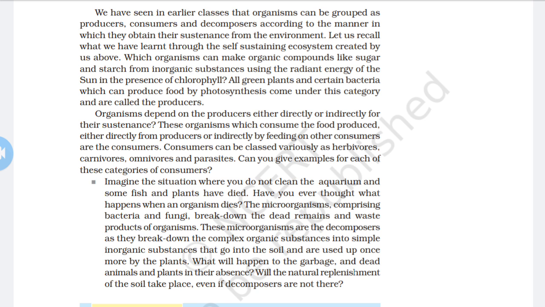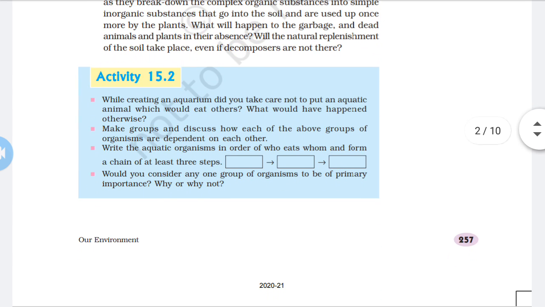And then decomposers: microorganisms like bacteria and fungi that break down the complex organic substances present in dead plants and animal matter into simple inorganic substances are called the decomposers.